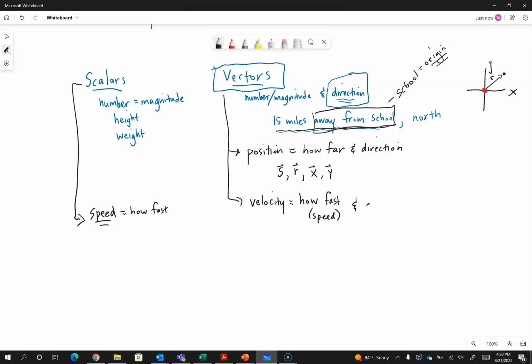But to make it velocity, meaning a direction as well, we have to say, well, I'm driving south, I'm driving west, whatever direction my car at that moment is traveling in, or what direction a ball, if I tossed a ball upwards and it's moving upwards and getting slower and slower, I would say the velocity points up. That's a direction.